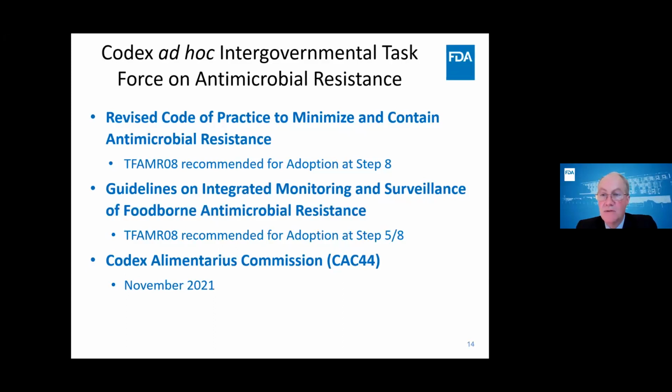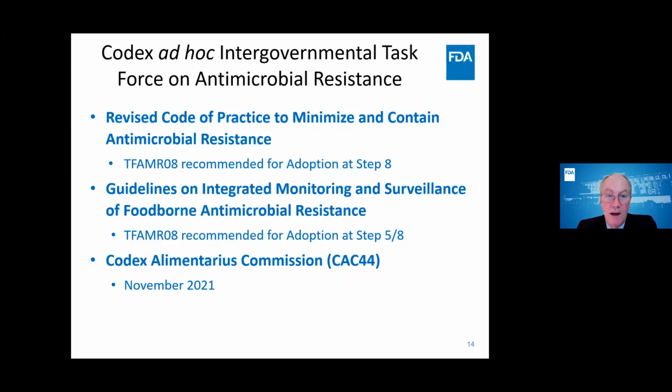Again, it contains very important risk management tools, such as the use of critically important antimicrobials, WHO and OIE. It includes the One Health concept. It contains some very new definitions for plant health professionals, as well as definitions such as food production environment. So there's a lot of new AMR risk management tools in this guidance.